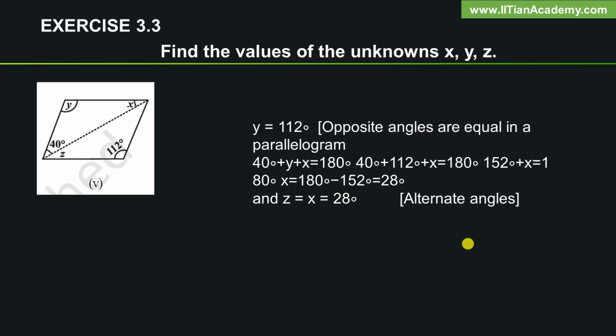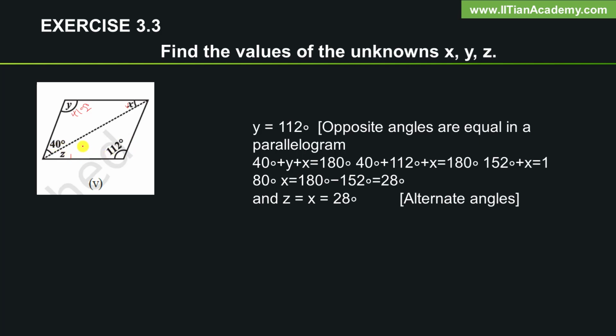Question 2e. Here, knowledge of parallelogram and its diagonals properties are used. In this question, we have to find x, y, and z. Here, we can see y equals 112, as opposite angles are equal in a parallelogram. Now, the sum of angles of this triangle is 180 degrees.